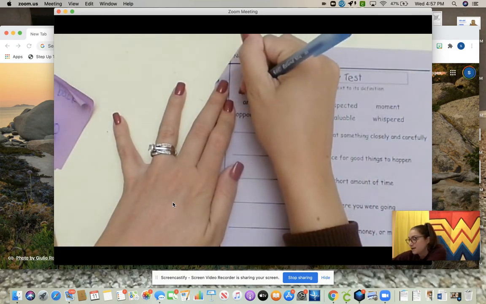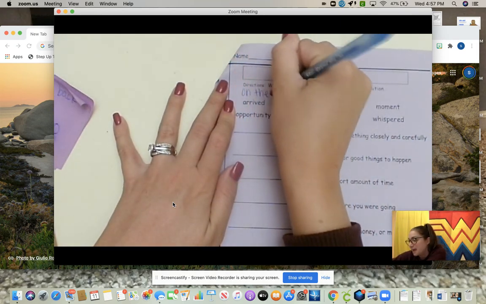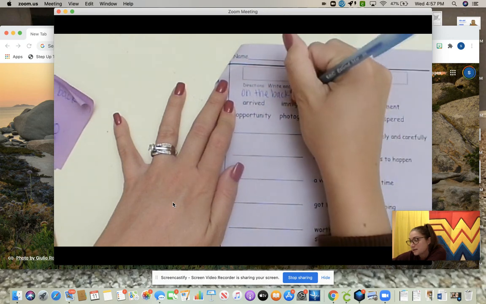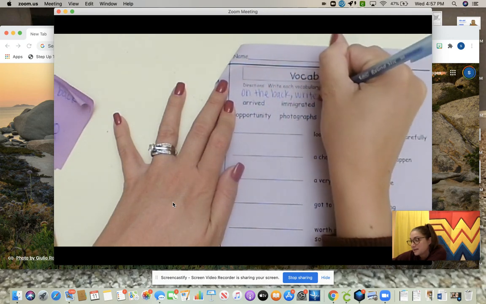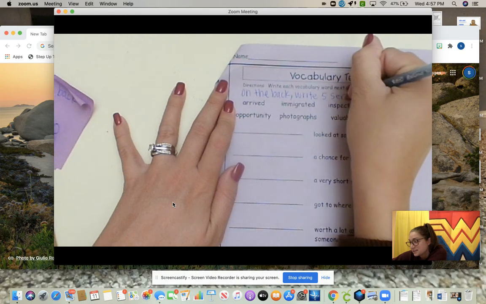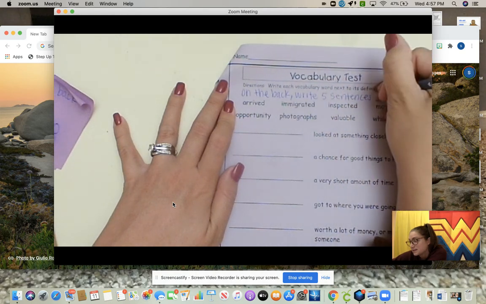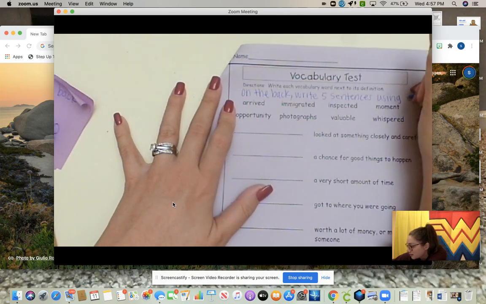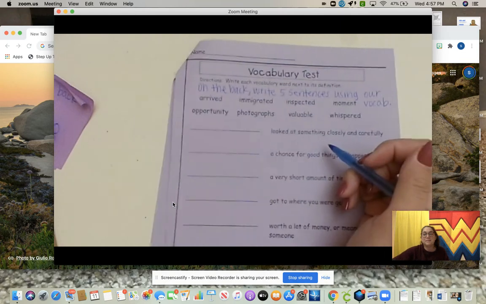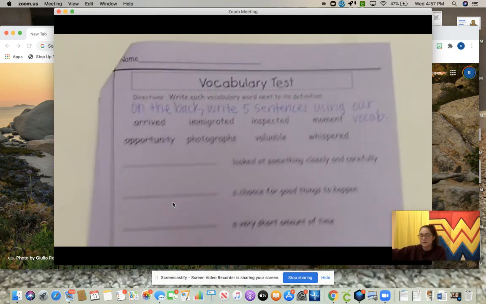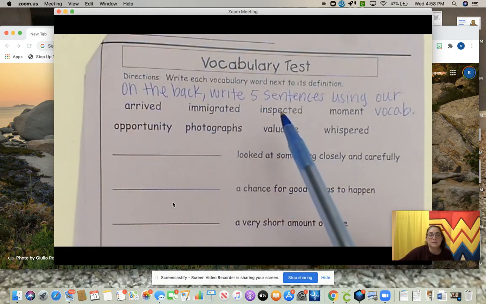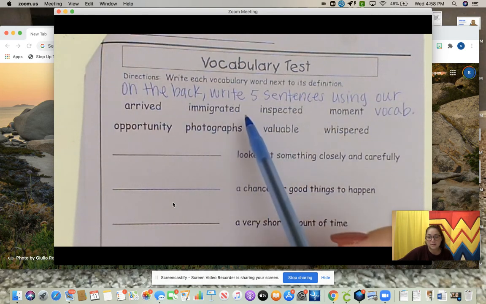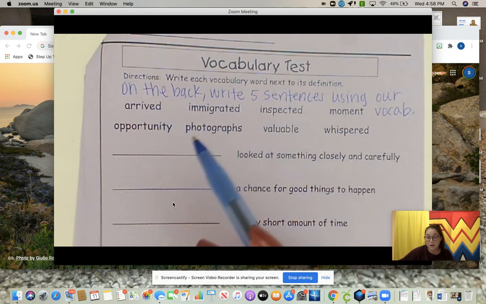And then on the back, write 5 sentences using our vocab. Okay, so what I mean by that, and you can write that on the top, is if you want to choose immigrated, then on the back you're going to write number 1, and I want you to write a sentence using immigrated.